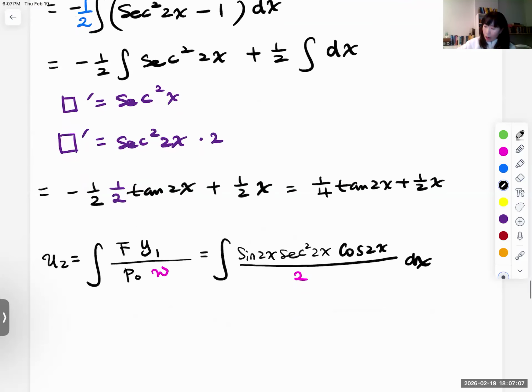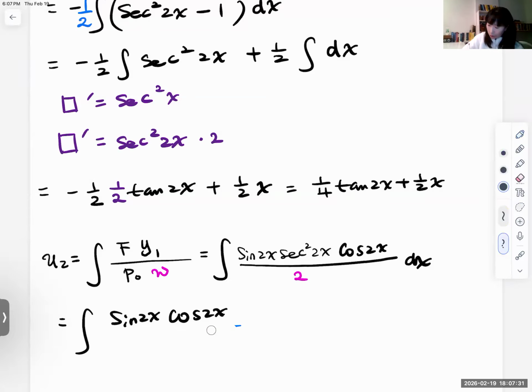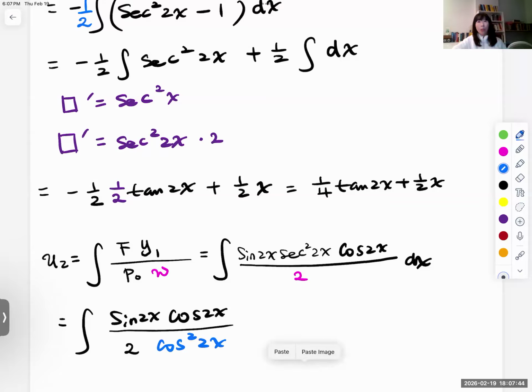So I want to express secant square 2x like earlier as other trig functions. So that will be sine 2x and cosine 2x. Secant square 2x will be 1 over cosine, right? Square 2x. So we have 2 cosine square 2x. Yeah.